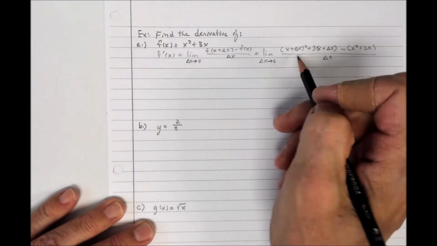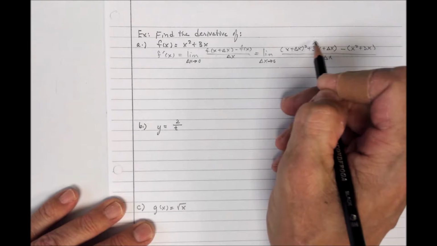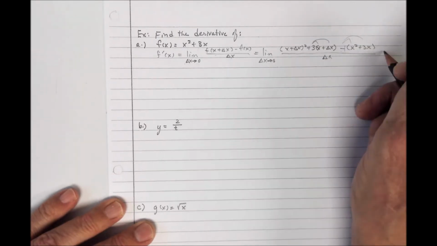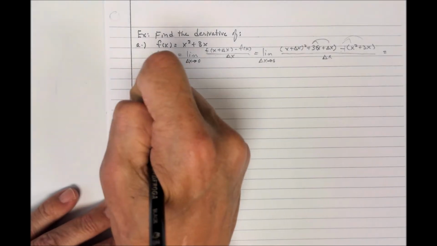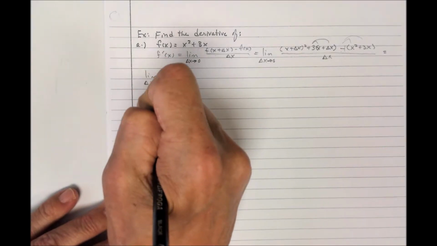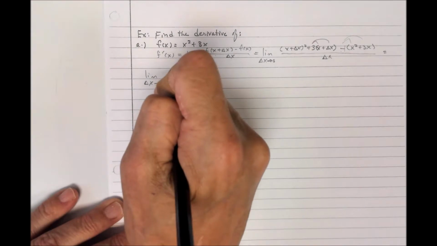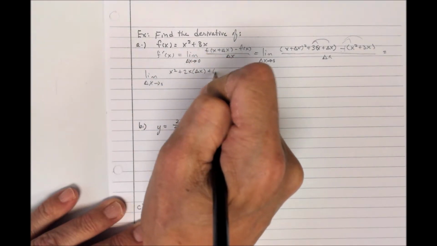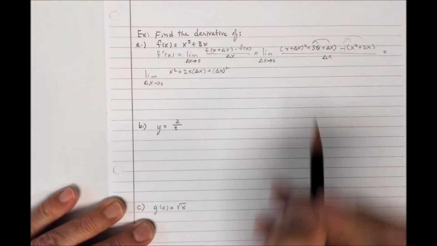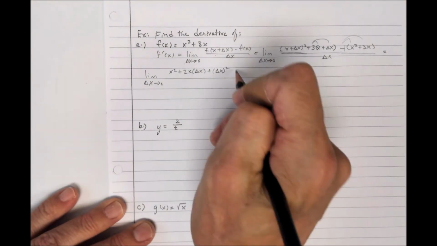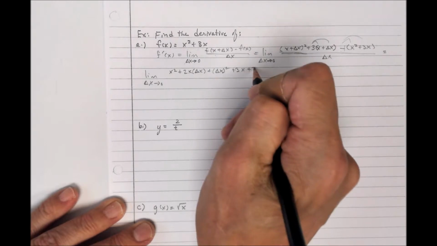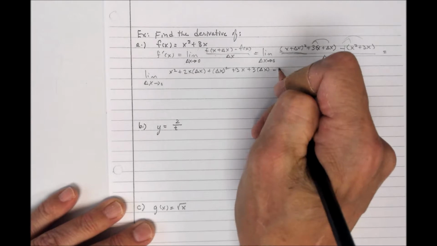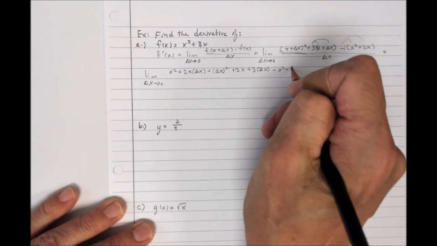I'm going to have to multiply this out. I'm going to have to distribute here, and I'm going to have to distribute here by -1. So I'm going to get the limit as delta x goes to 0 of, this would be x squared plus 2x times delta x plus delta x squared, that's this first part, plus 3x plus 3 times delta x minus x squared minus 3x.